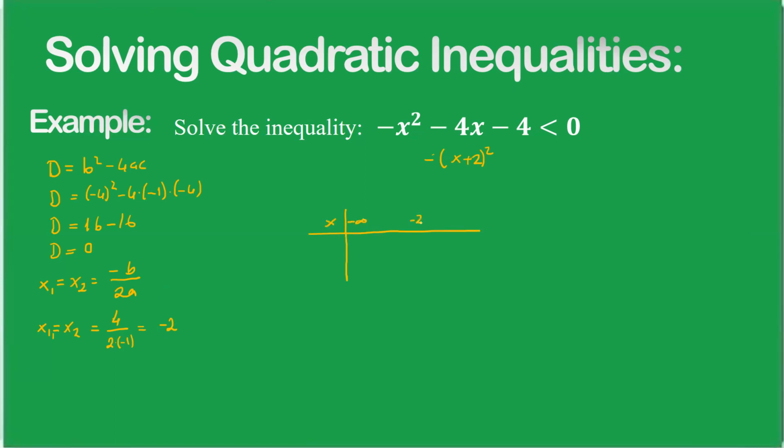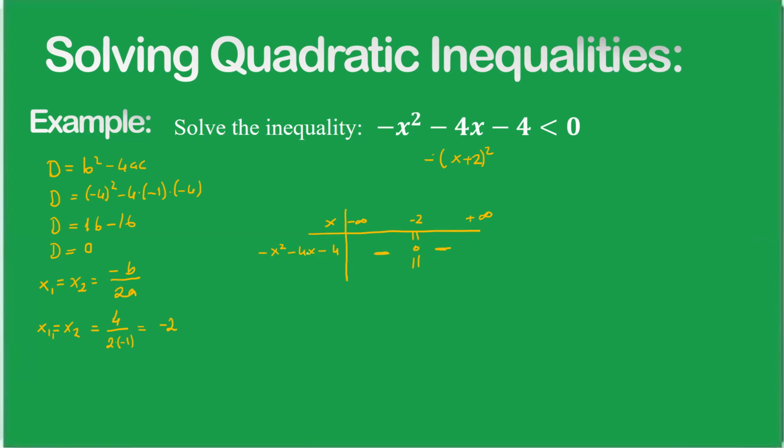Minus 2 is the critical point, and plus infinity here. So we're going to write minus x squared minus 4x minus 4, and I'm going to draw the same shape. Now this time the first sign is negative, and this sign also becomes negative. We're not changing the sign.